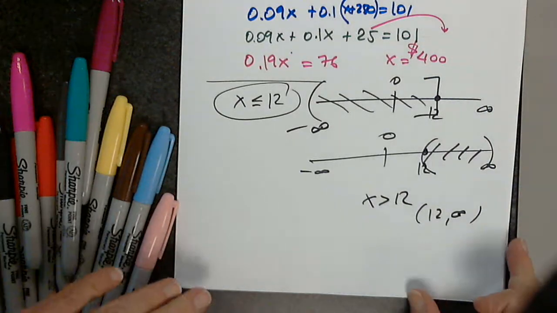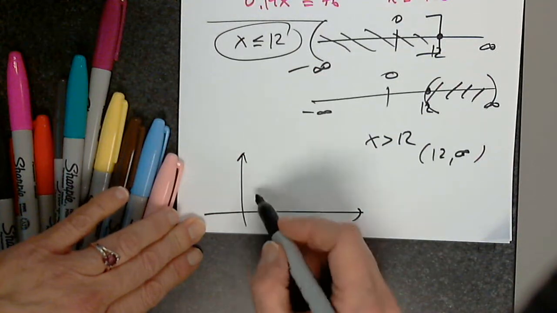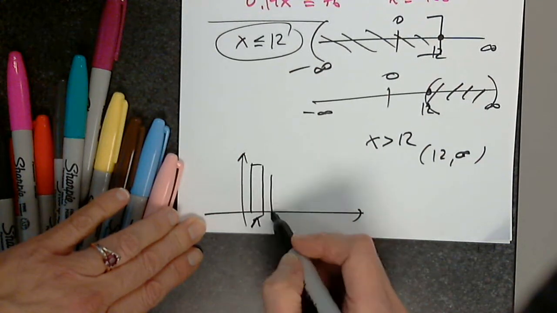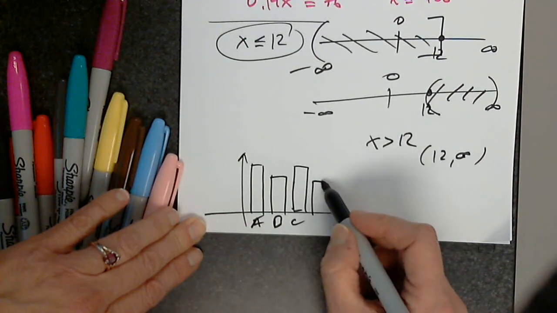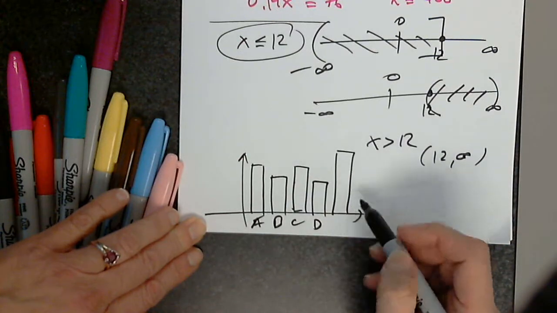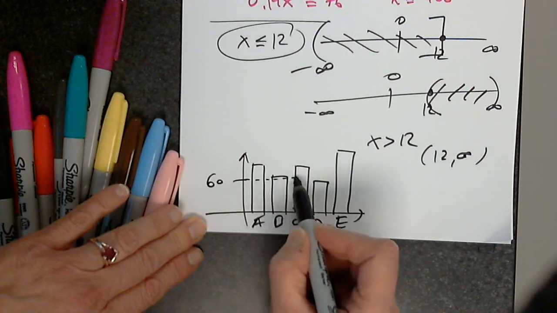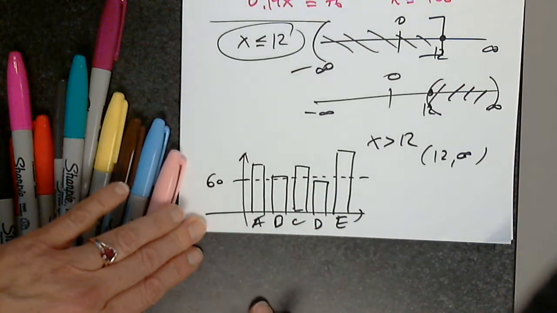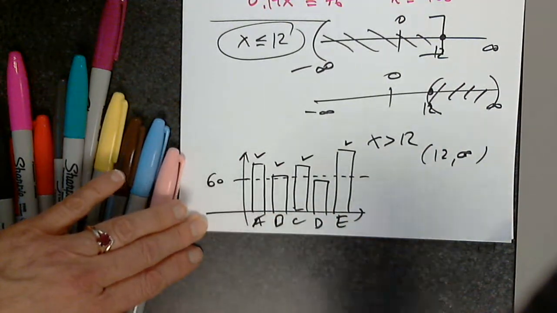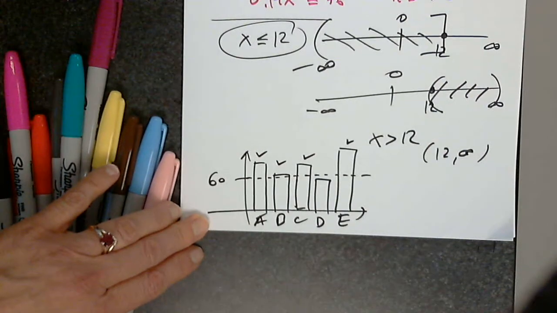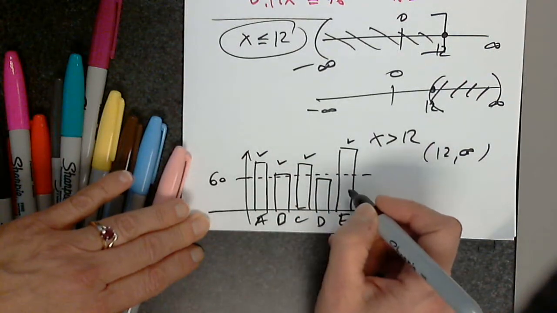So the problem was this. It was giving us a bar graph. Something like this for A, something like this for B, C, D, E, and so on. So here we had 60. If you draw a horizontal line at 60, you will see this country, this, and this have more than 60 million people. Normally on bar graphs they put the numbers at the top.